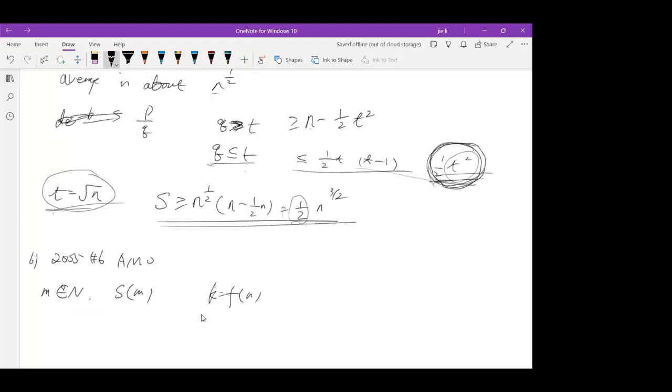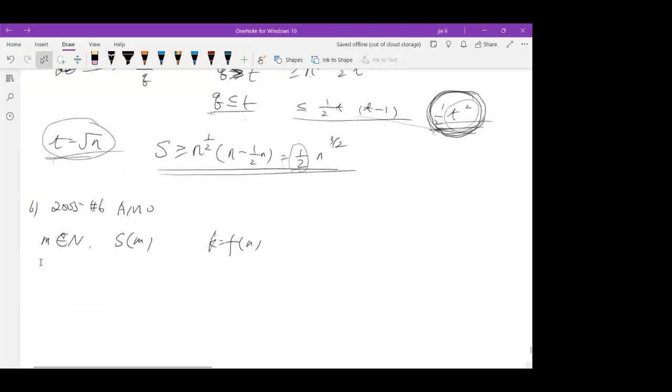Maybe let me just copy it over, and my notes help me.